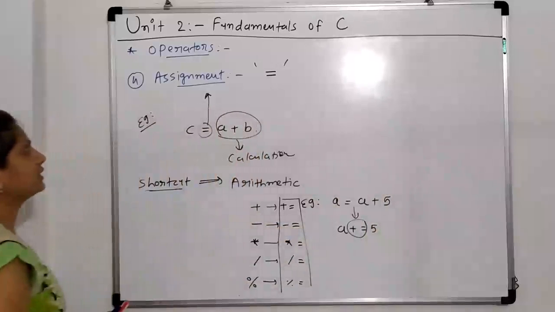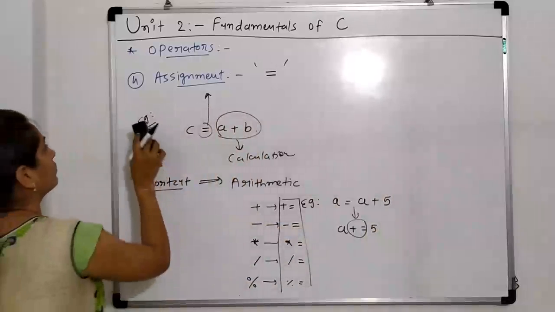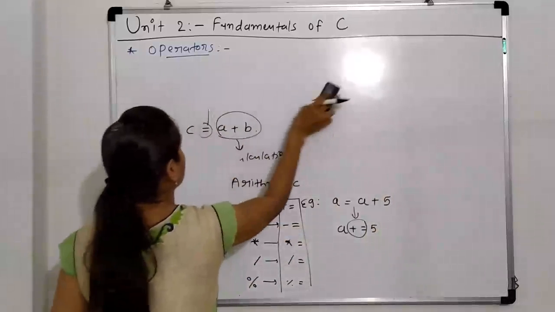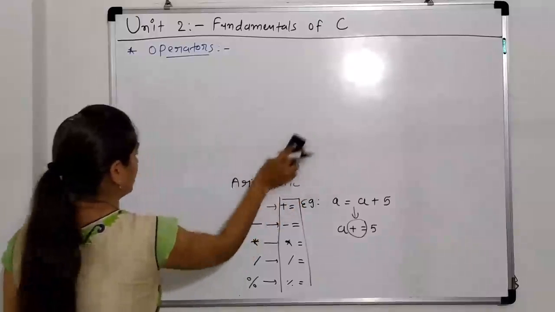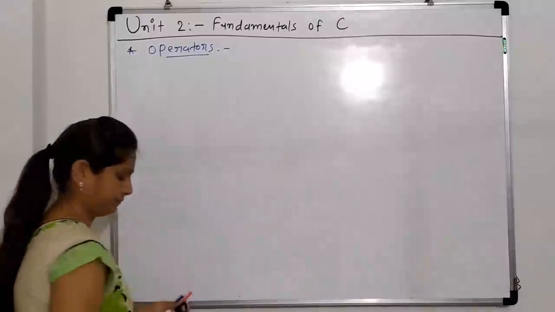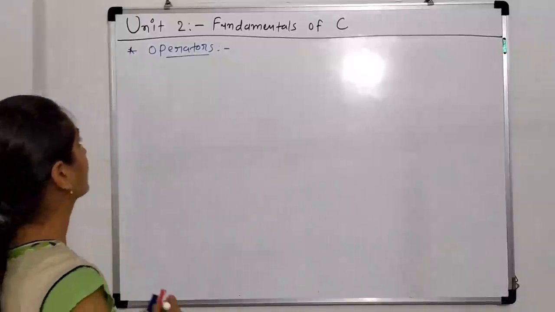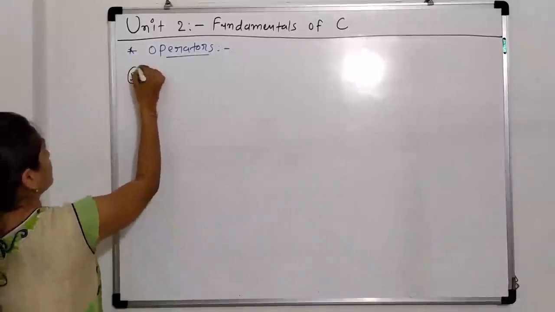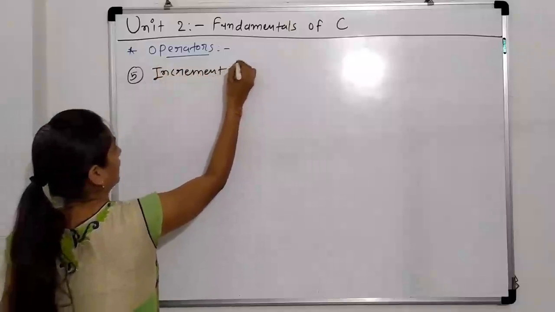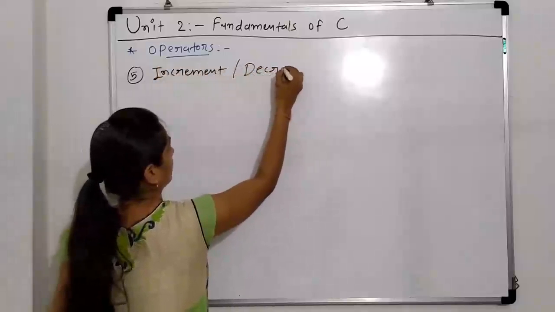Now let us start with another operator. The 5th is the increment and decrement operator.